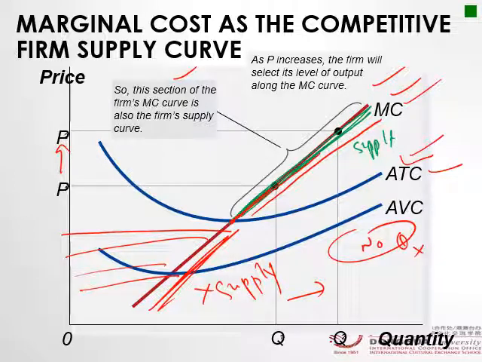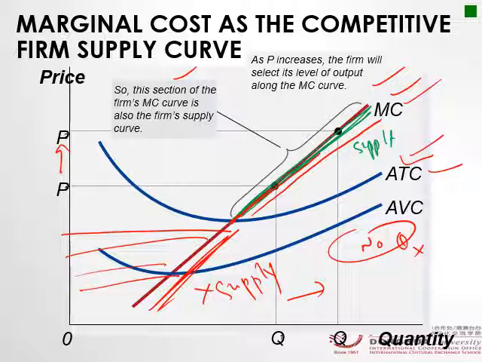So here we can say that MC, if this is a price and this is a quantity, if price is high, quantity is also high, so it means the marginal cost curve serves as a proxy for supply curve.